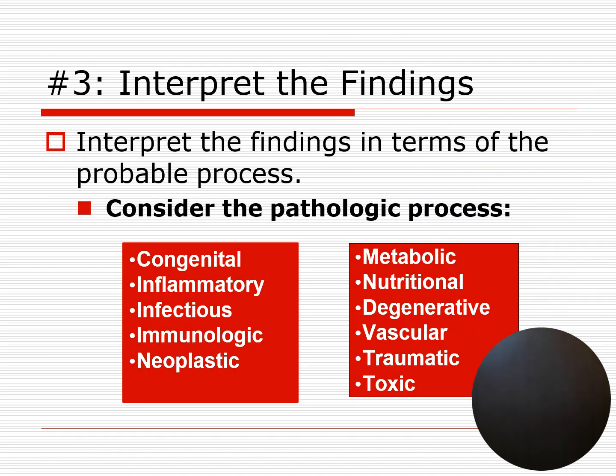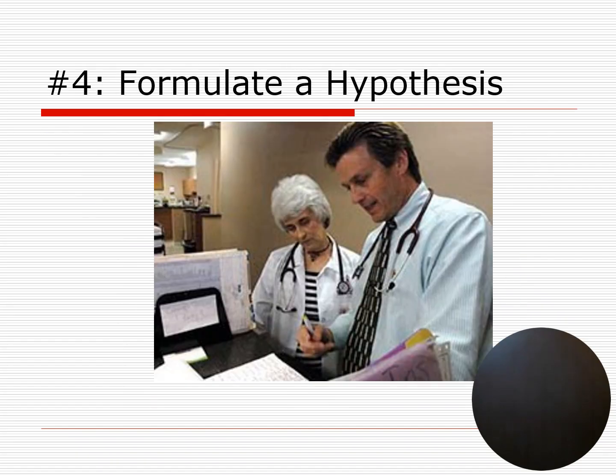Third, what you want to do is be able to interpret those findings. That's when you want to consider what the pathological processes are that may be occurring and that are contributing to the signs and symptoms that your patient is presenting with. And then once you've done that, you want to formulate your hypothesis. So you've collected your data, both subjective and objective.